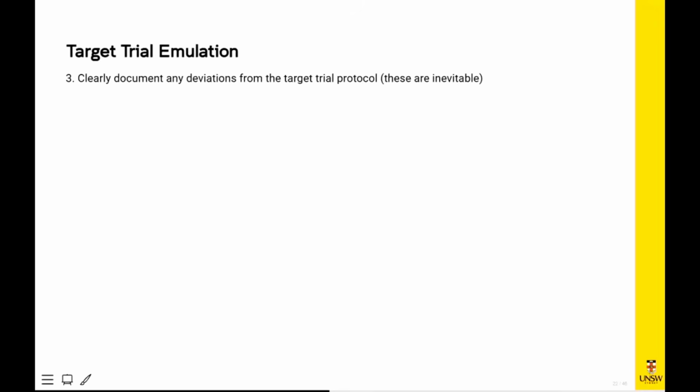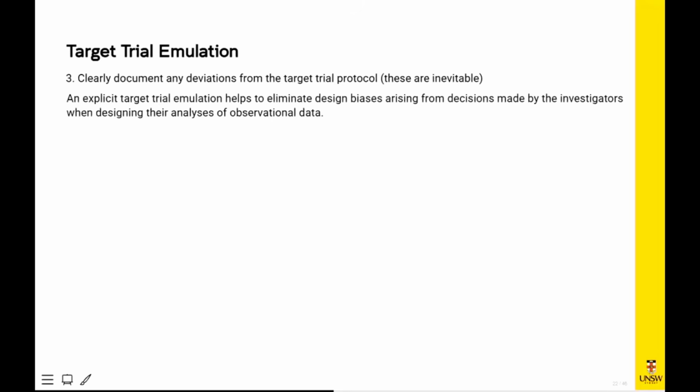And of course, when you're actually going through these processes, there will be deviations from the protocols that you've written up, and you need to document those. But what happens when you do this is that you are getting as close as possible to being able to make a causal inference about a particular exposure and a particular outcome with observational data.